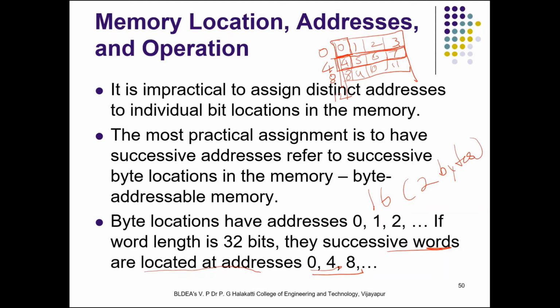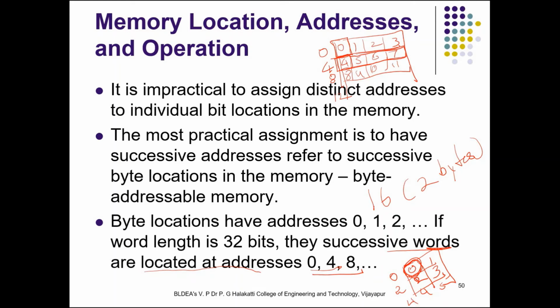Then the aligned words begin at byte addresses 0, 1, 2, 3, 4, 5. What will be the word address? The word address is always the address of the first byte stored there. So it will be 0, 2, 4, and so on.